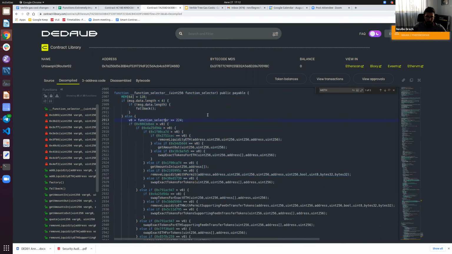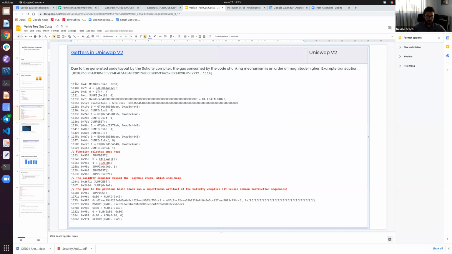Because there are certain basic blocks that one would need to jump to, which are far away from the initial part of the contract. And we can see this in a trace over here. So this would be, for instance, the instruction number in bytecode, the byte number.